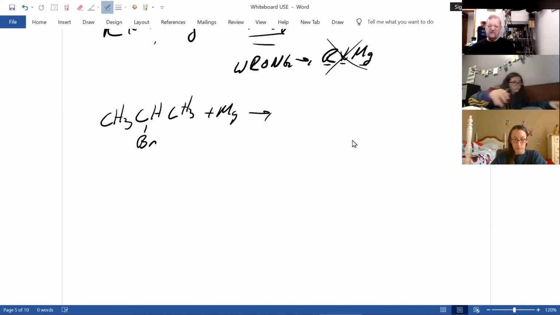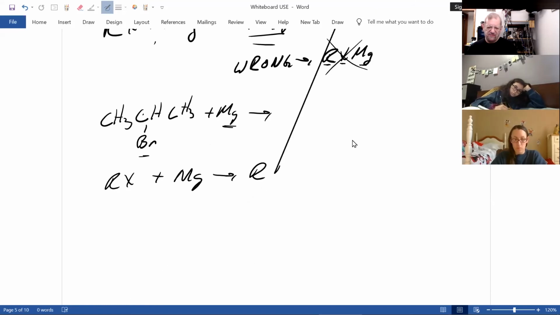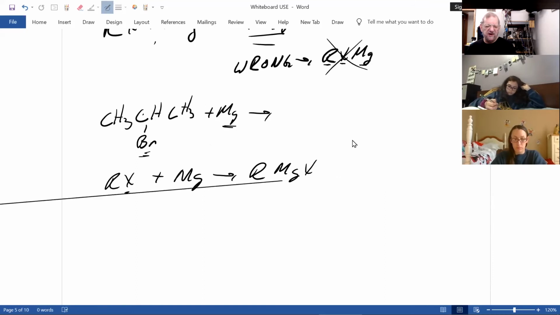And you look for what's different. If you look here, ooh, halogen on a carbon and magnesium. And this is to make the Grignard reagent. And the carbon with the halogen will be the carbon the magnesium is bonded to.